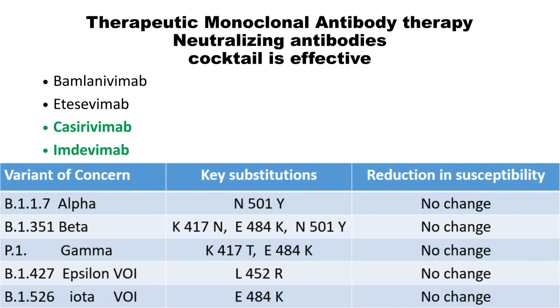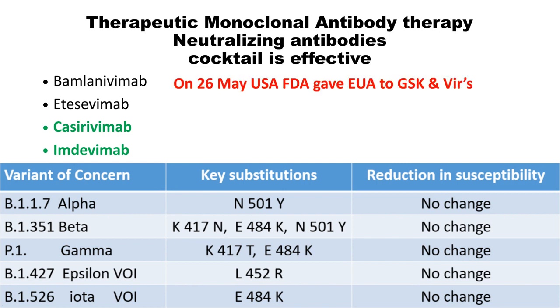Along with the spread of the variant, there has also been development of monoclonal antibodies. A mixture of monoclonal antibodies to neutralize all the variants has been found to be effective.